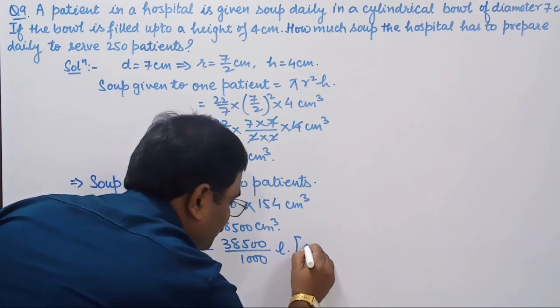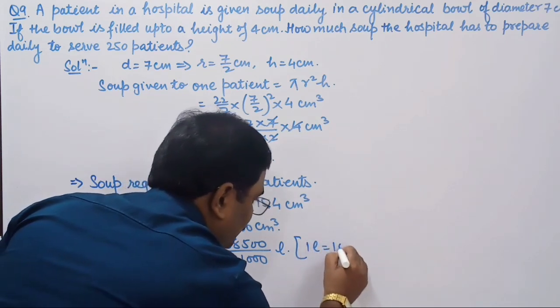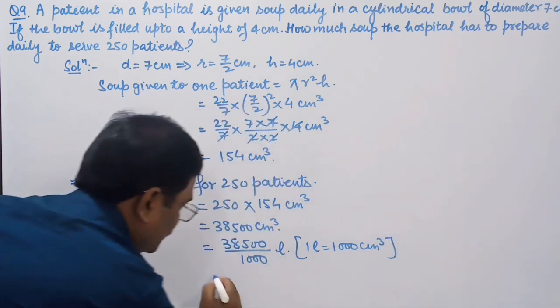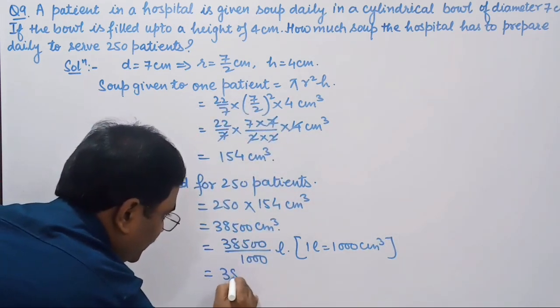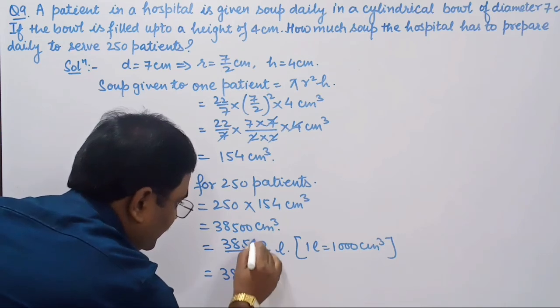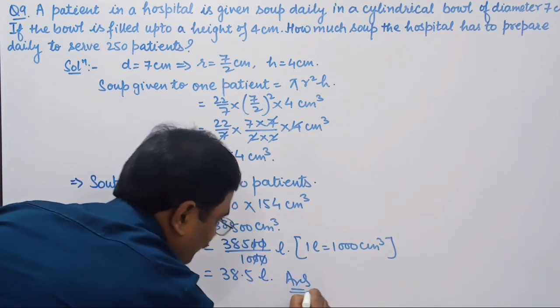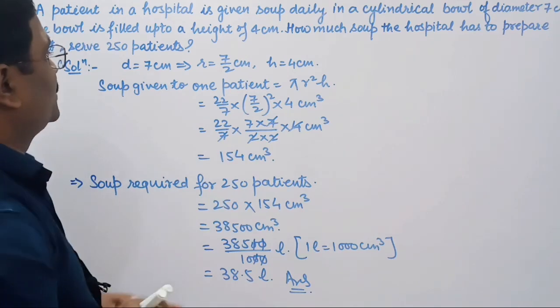Why? Because 1 liter is equal to 1000 centimeter cube. Therefore, this 38.5 liter of soup is required for 250 patients.